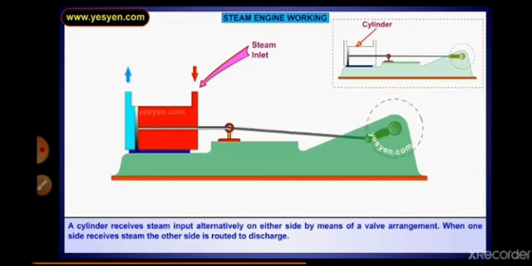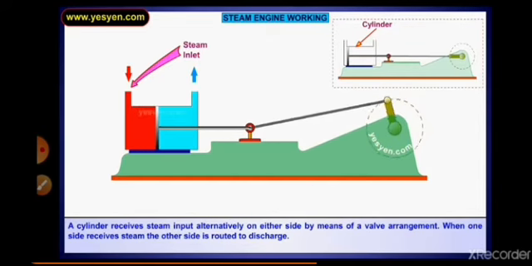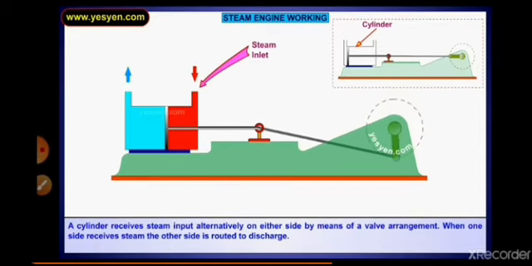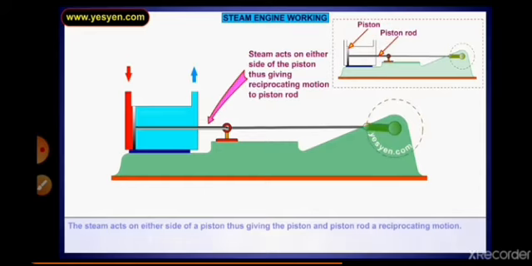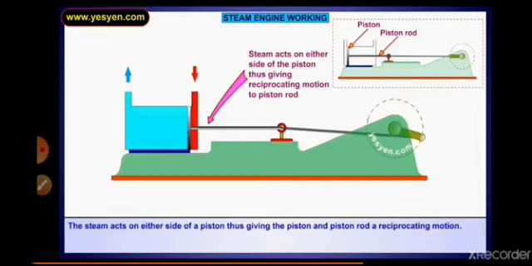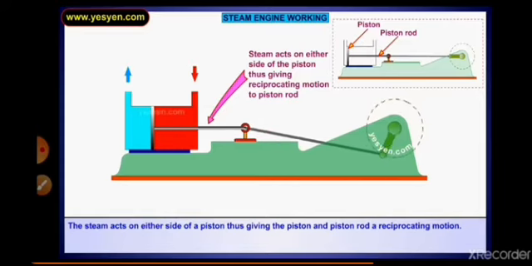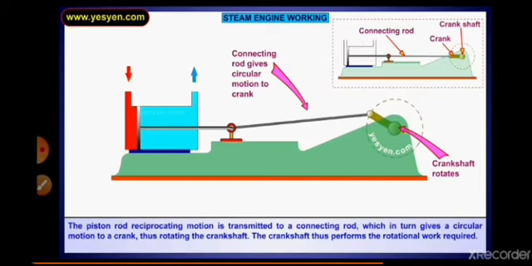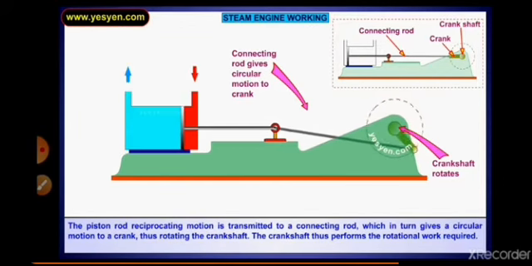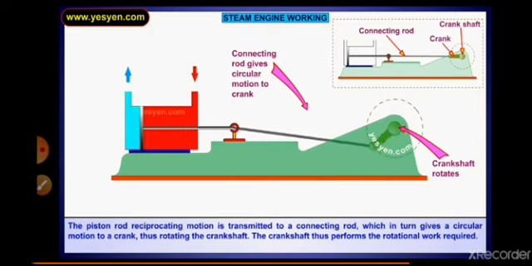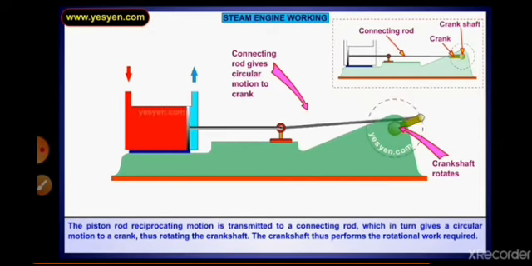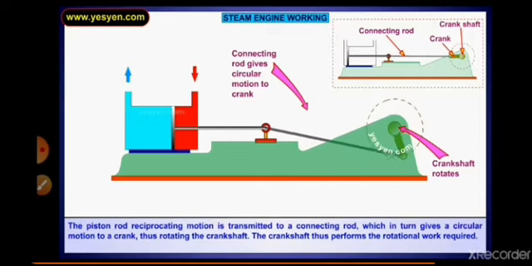When one side receives steam, the other side is routed to the discharge. The steam acts on either side of a piston, thus giving the piston and piston rod a reciprocating motion. The piston rod's reciprocating motion is transmitted to a connecting rod, which in turn gives a circular motion to a crank, thus rotating the crankshaft. The crankshaft thus performs the rotational work required.